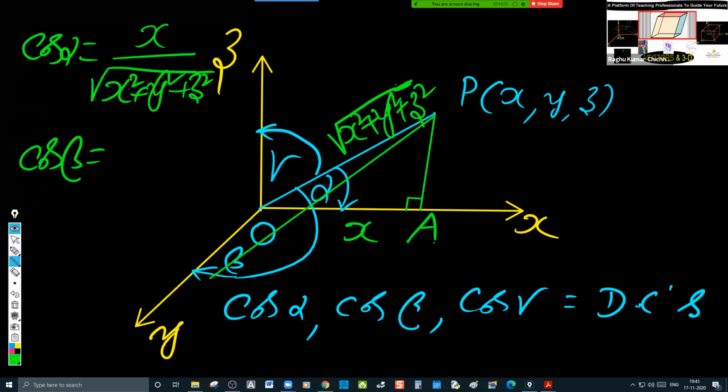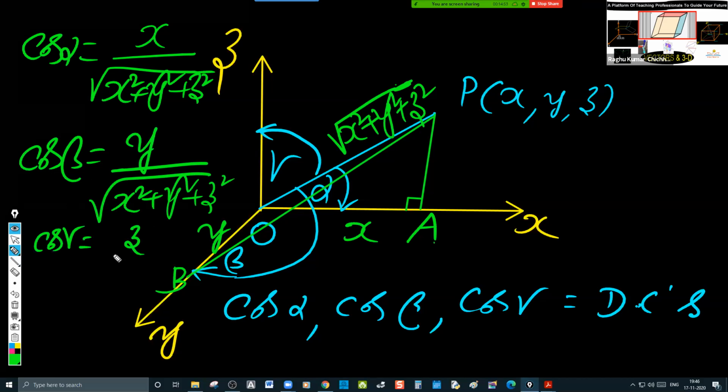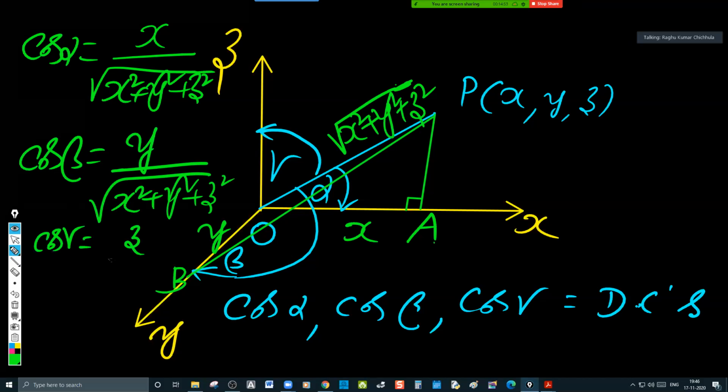You may have a little confusion, but it is a perpendicular. Let us suppose it meets at B. Then this length is nothing but y. Then it should be y by root over x square plus y square plus z square. Kaushik, are you there? Yes, sir. Can you tell me cos gamma, similarly? Sir, z by root over x square plus y square plus z square.